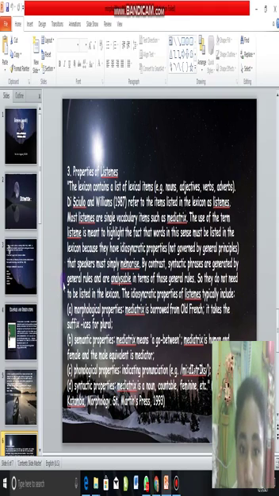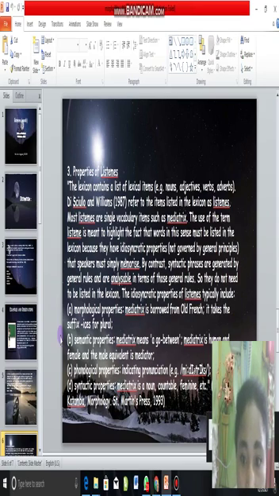Most listemes are single vocabulary items such as mediatrix. The use of the term listeme is meant to highlight the fact that words in this sense must be listed in the lexicon because they have idiosyncratic properties, not governed by general principles, that speakers must simply memorize.